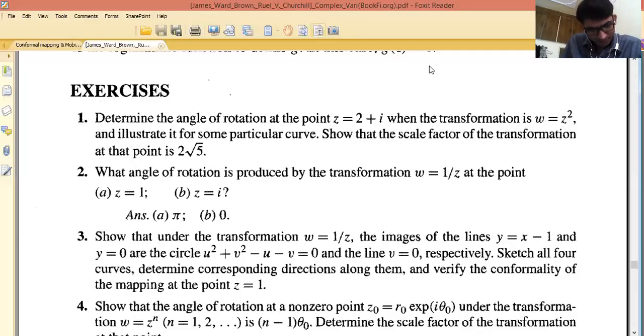Inverse point with respect to a circle. It is important in conformal mapping: the inverse point. How to find the inverse point? For this, we take an example.